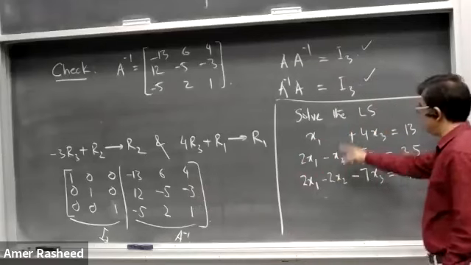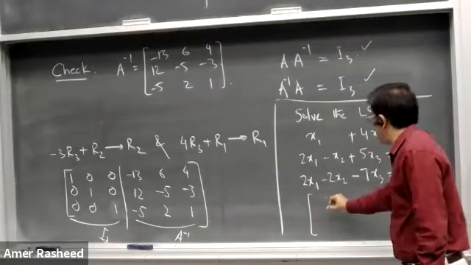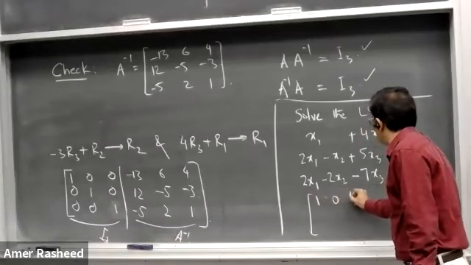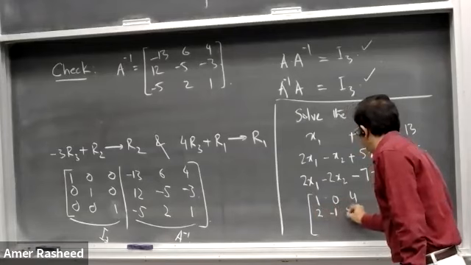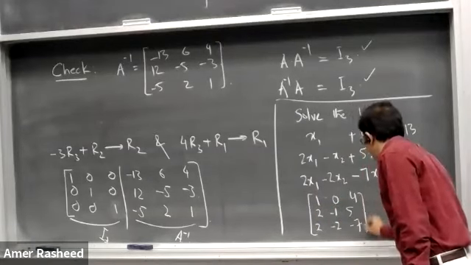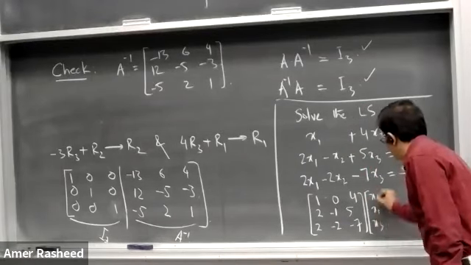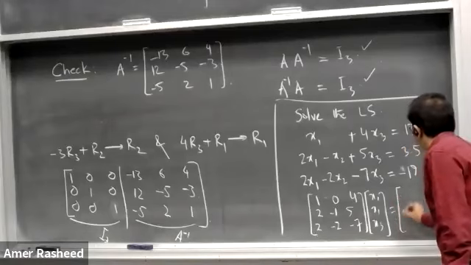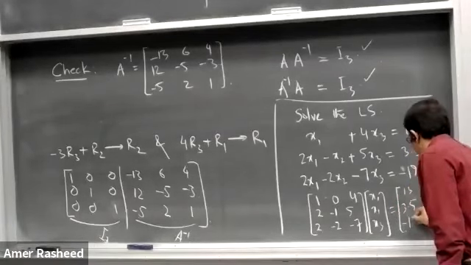Now you can see that this is your linear system. You can write the corresponding matrix form of this linear system: 2, 0, 1, 1, 0, 4, 2, negative 1, 5, 2, negative 2, and negative 7. So you must have x1, x2, x3 here, and the right-hand side vector, 13, 3.5, and negative 19.